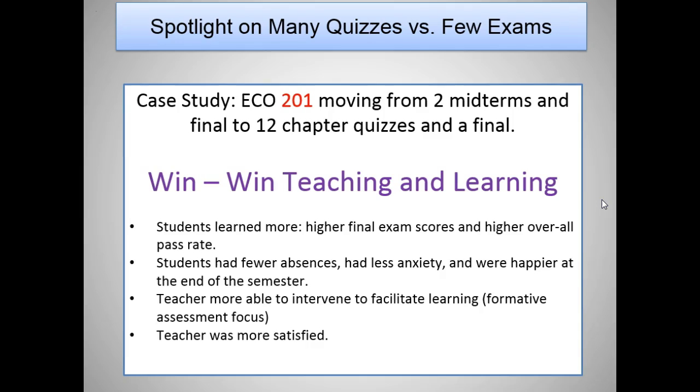And in Ariely's experience being in the class, she was able to intervene and facilitate learning more effectively. In essence, every quiz became a formative assessment, and so Ariely could intervene before the next quiz. And Ariely herself was more satisfied with the class.